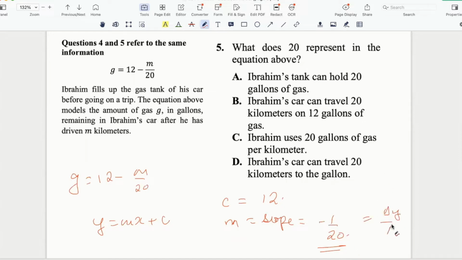It is delta y over delta x, which means that for every 20 miles that are driven, because here the x value is miles and the y value is gallons, the amount of gallons consumed by Ibrahim's car is 1, right? So Ibrahim's car can travel 20 kilometers to the gallon, option D.